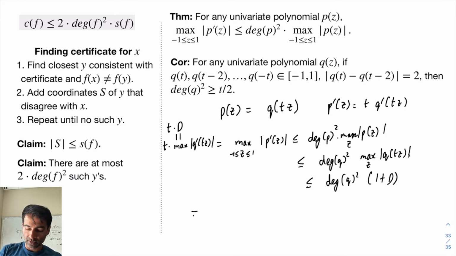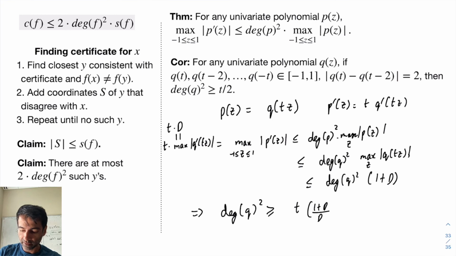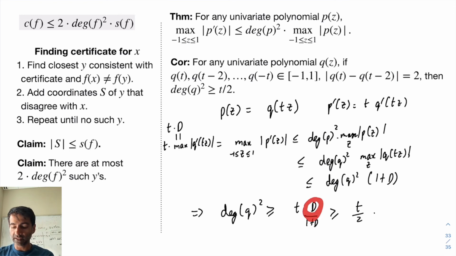So all of this implies that the degree of Q squared is at least t times D divided by 1 plus D. But that's at least t over 2, because this maximum derivative D is at least 1.